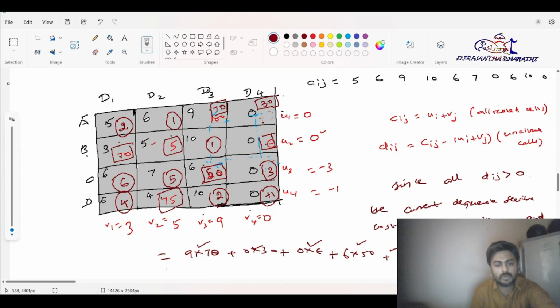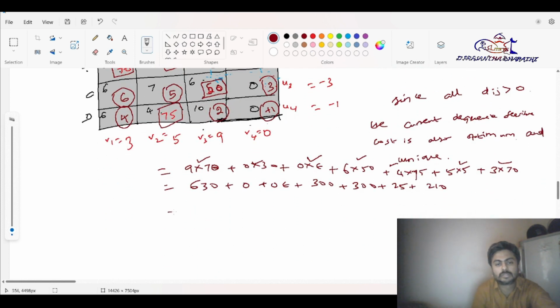So that is equal to 680 plus 0 plus 0 epsilon plus 300 plus 300 plus 25 plus 210.